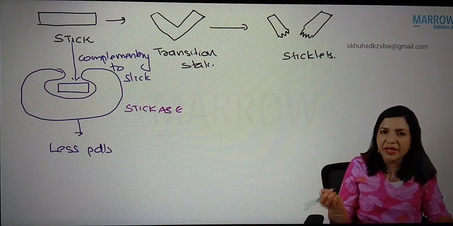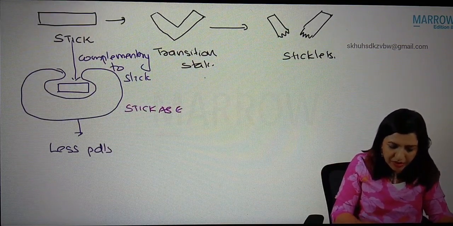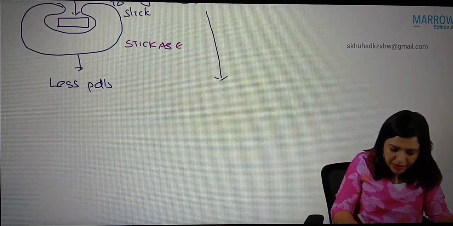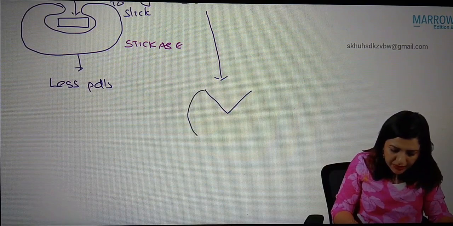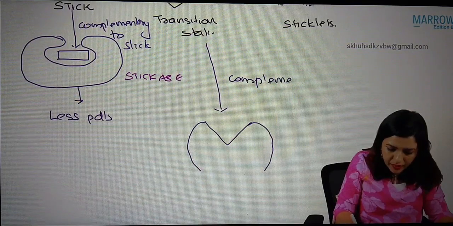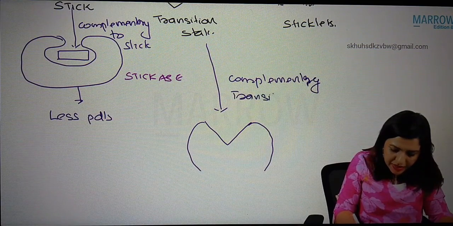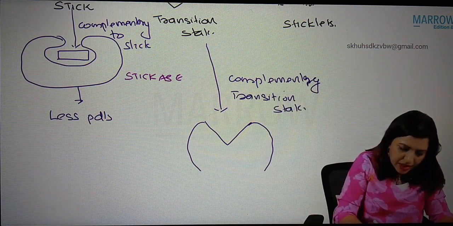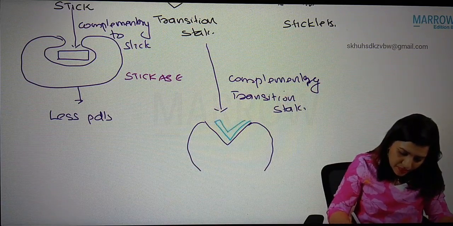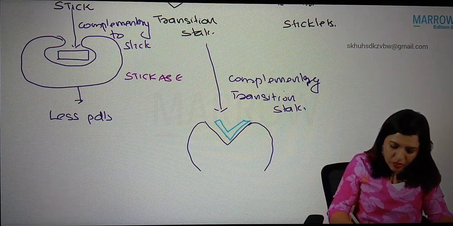But William Jencks and Linus Pauling are saying that it is not complementary to this stick, but the active site of the enzyme is complementary to the transition state. So the transition state is the one which binds to the active site.